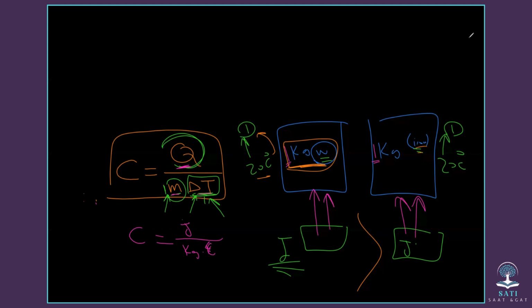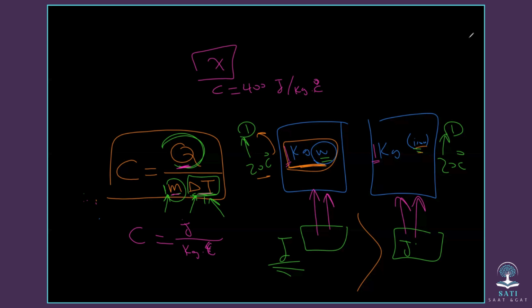Okay, let me give another idea for specific heat. For example, I have a material X that its specific heat is 400. What's the unit? Joule for each kilogram times Celsius. Okay, in this question, again, what does the 400 mean here?